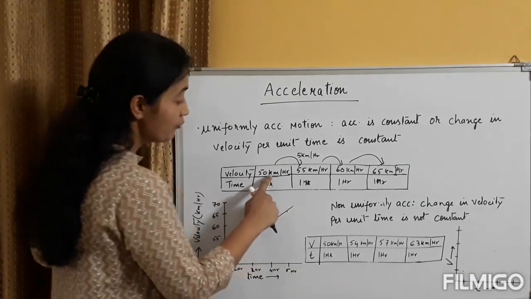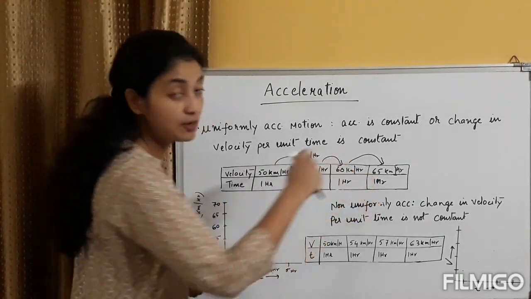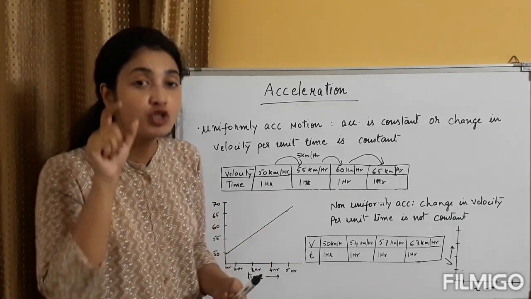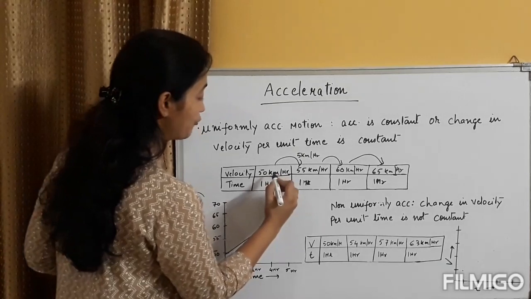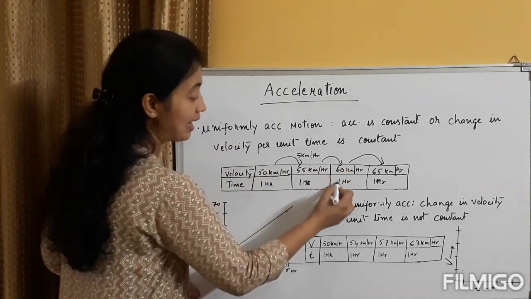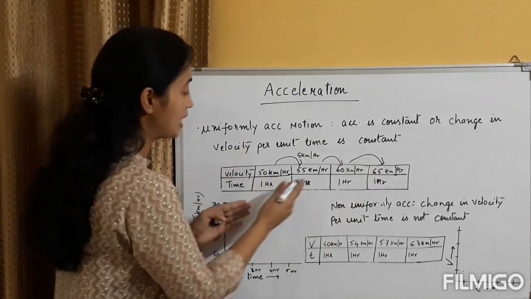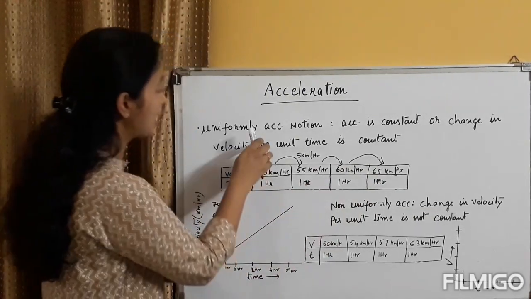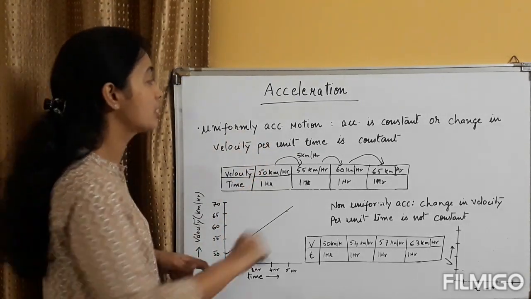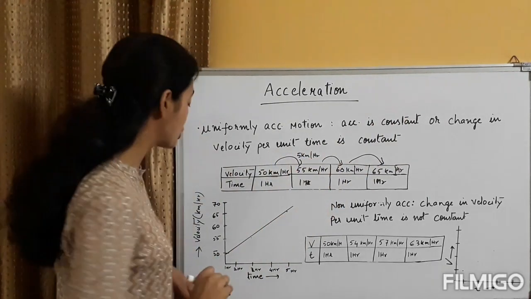Velocity is changing from 50 to 55, 55 to 60, 65, but the amount of change is constant per unit time. So this type of acceleration is known as uniform acceleration, where the change in velocity per unit time is constant.